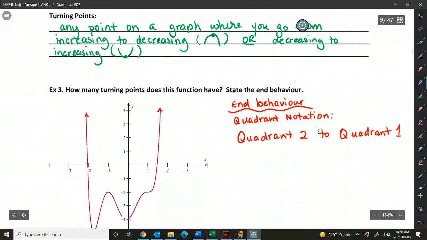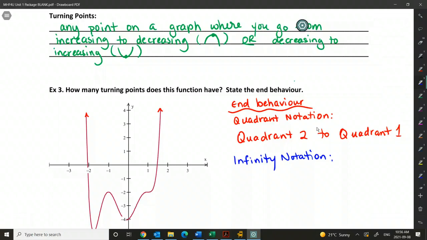Let's talk about infinity notation here. Okay, this one's not pre-written for us, right? We had pieces that were pre-written for us in the previous example. Now we're going to do the whole statement all together with the x's and the y's here.